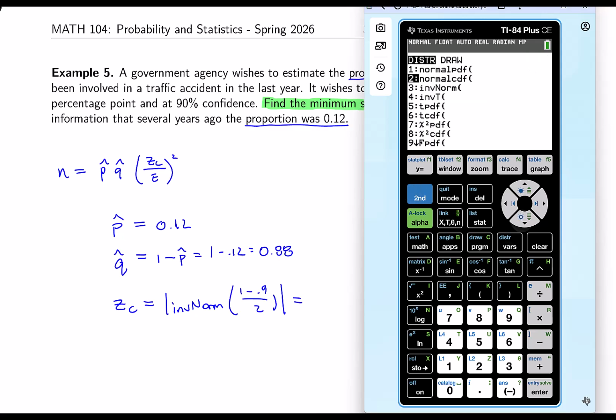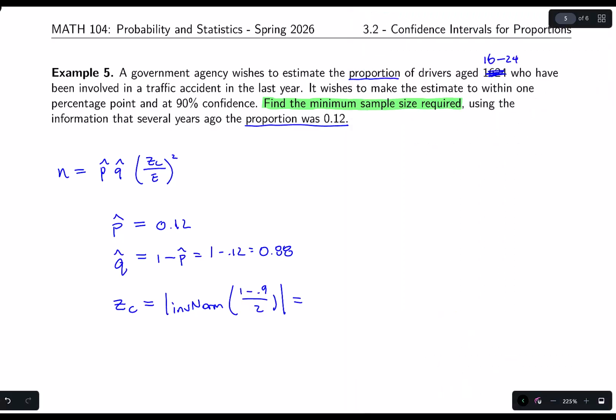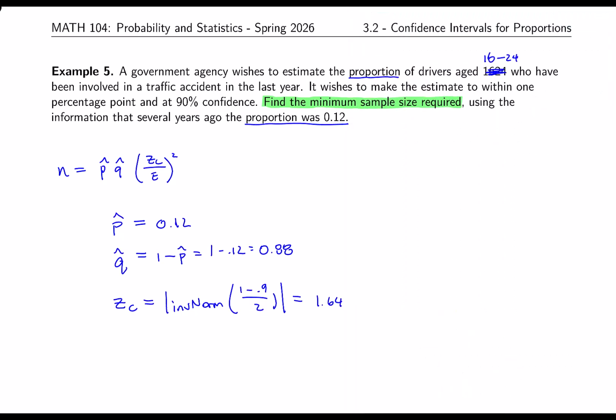And then we put that into inverse norm, and we come up with 1.645. Okay, and then the margin of error. We wish to make the estimate to within 1 percentage point. So it's 1%, but we can't plug in a percent as a value, so we have to change this to a number, so 0.01.